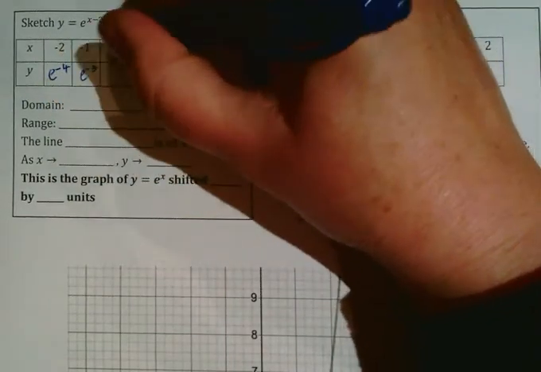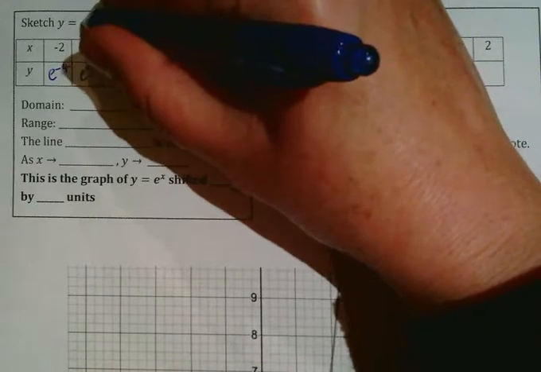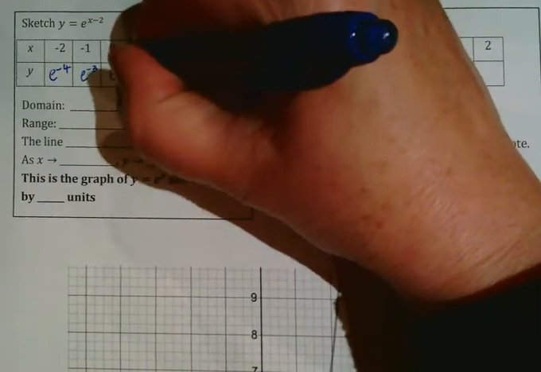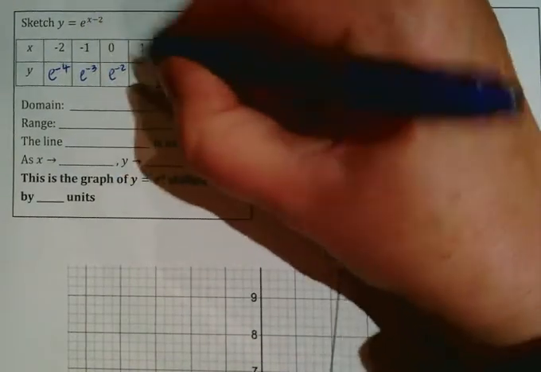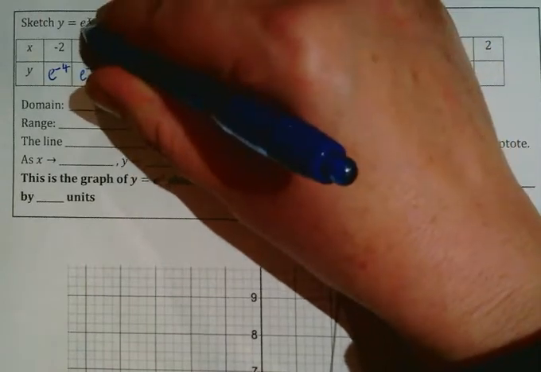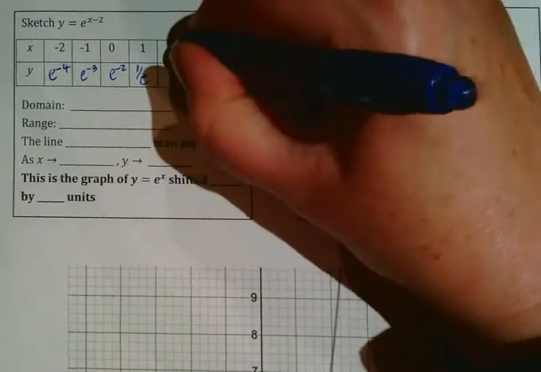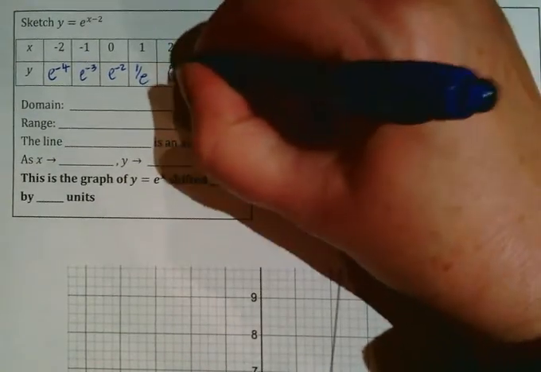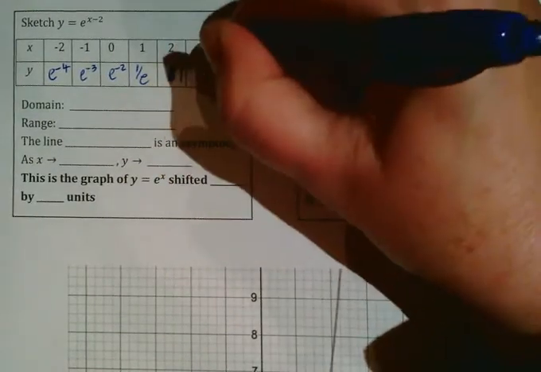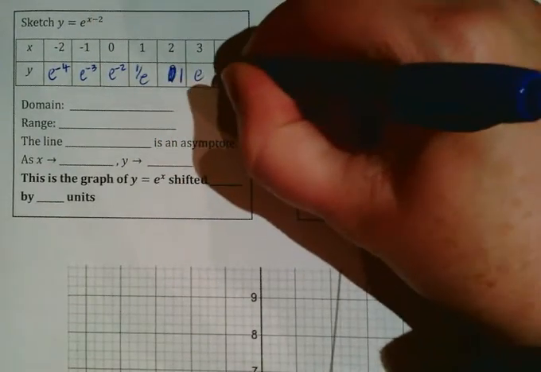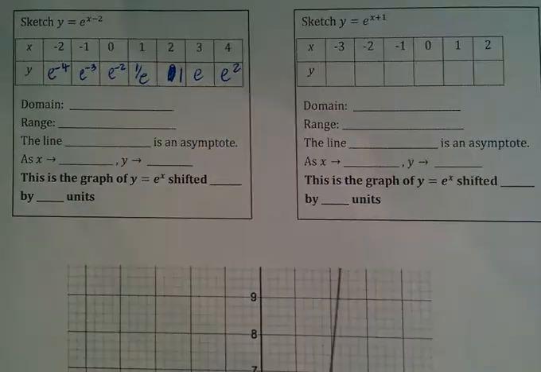Now they're very small. When x is 0, you get e to the negative 2, or 1 over e squared. When x is 1, we get e to the 1 minus 2, e to the negative 1, or 1 on e. When x is 2, we get e to the 0, which is 1. When x is 3, we get e to the 3 minus 2, which is e to the 1. And when x is 4, you get e squared.